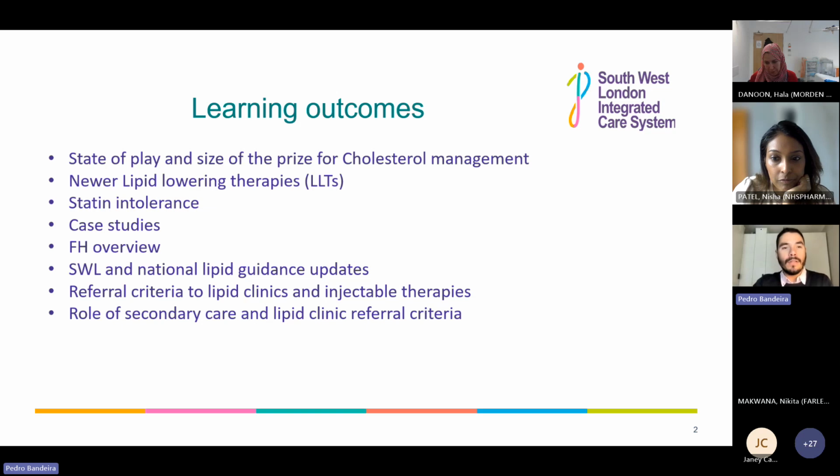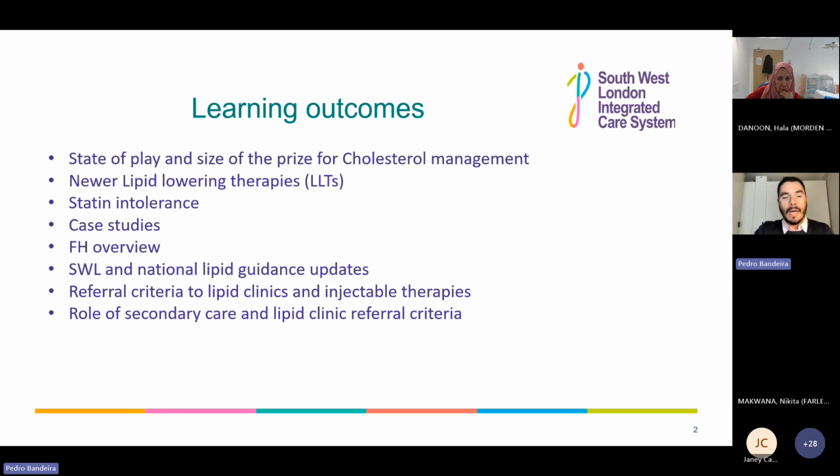Okay. So this is a summary of what we're going to cover today. I'm just going to give us an overview on where we are, the state of play, and the size of the problem for the cholesterol management. Have a look at some newer lipid-lowering therapies that are available in the market.